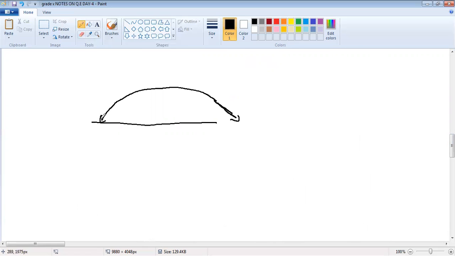For example, a ball hit by a cricket batsman, definitely going to the 6 or 4. It will go up due to the gravitational force, then come down. So when it is coming down, at one point, what happens? The initial velocity will be 0. Then at one point, the final velocity will become 0.